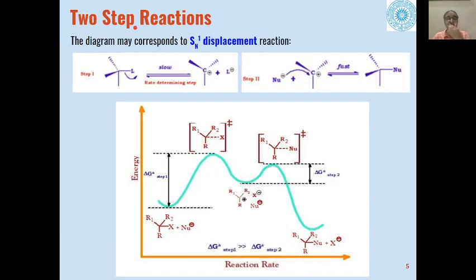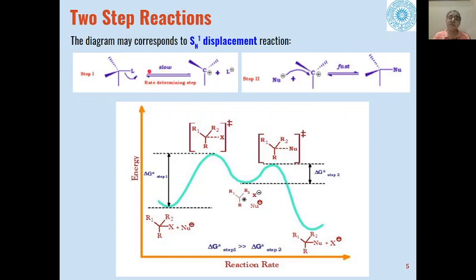Then two-step reactions, and the most common example of two-step reactions is nucleophilic substitution unimolecular, SN1 type of displacement reactions. And we know in the case of unimolecular nucleophilic substitution reactions, in the first step the substrate changes into a carbocation and a leaving group anion is formed.